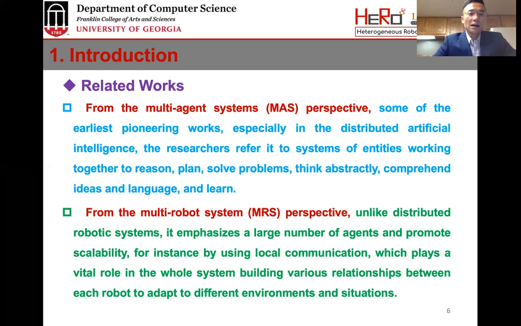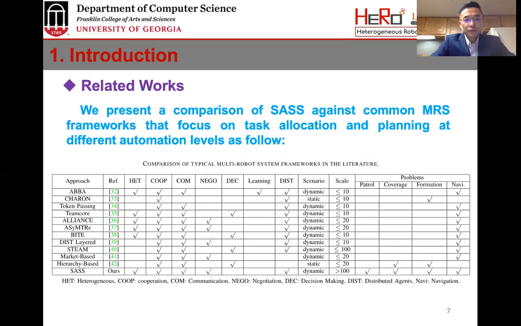And from the multi-agent system perspective, unlike distributed robotic systems, it emphasizes a large number of agents and promotes scalability. For instance, by using local communication, which plays a vital role in the whole system, building various relationships between each robot to adapt to different environments and situations.